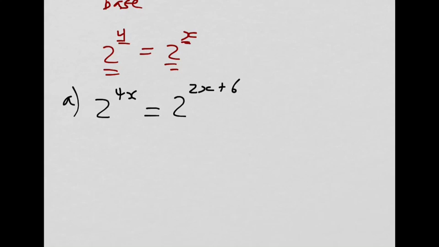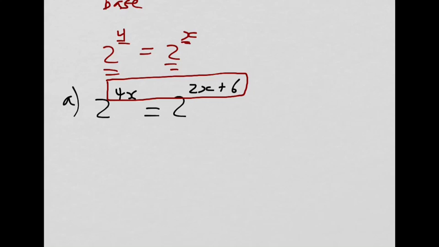So I don't really have to care about the bases, even though it might look intimidating. You're like, how do I get the exponents out? You don't have to care, because the only thing you're concerned about is when these two expressions are equal to each other.